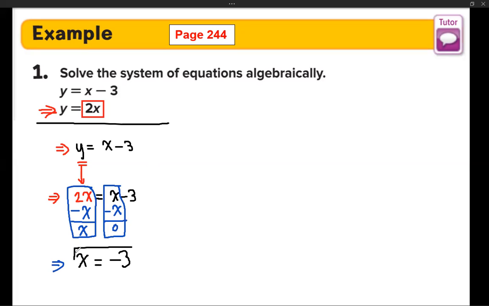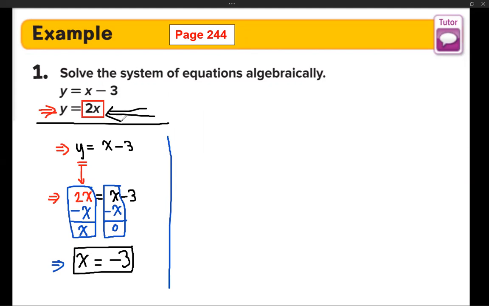So we found the value for x, and that's the first thing to solve this system. We have now the value for x. Okay, that's great. How can we find the value for y now? We actually know the equation for y. y is equal to how much?